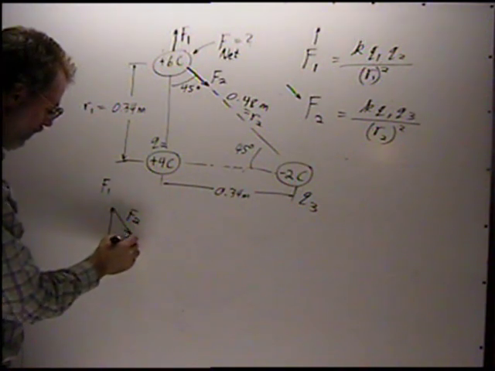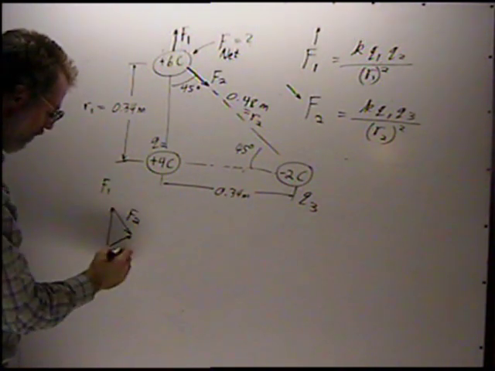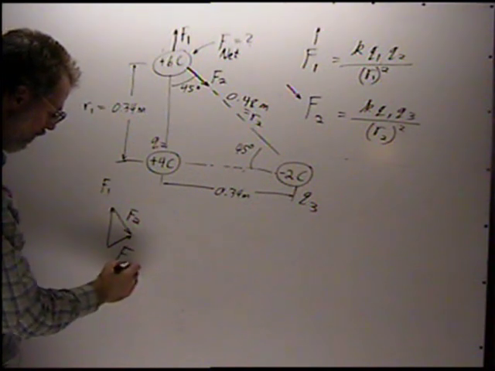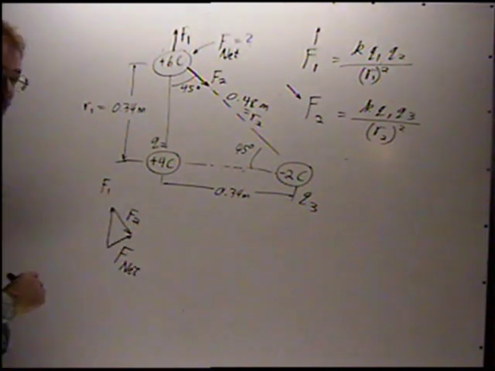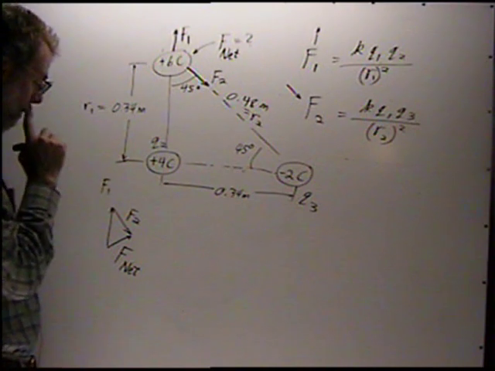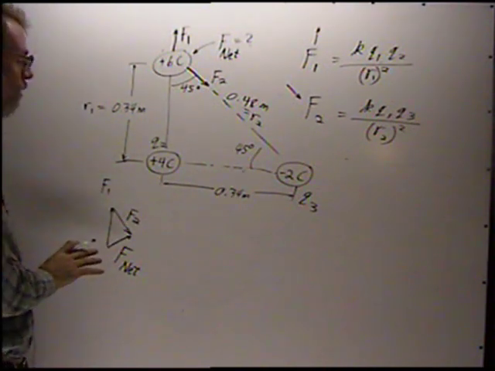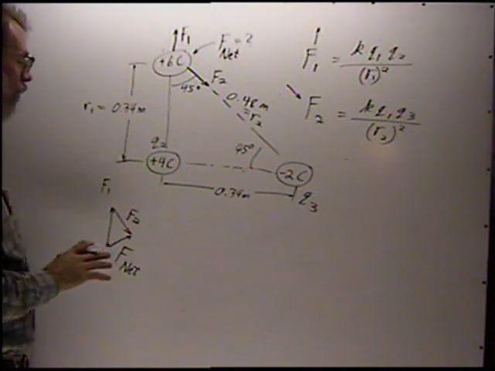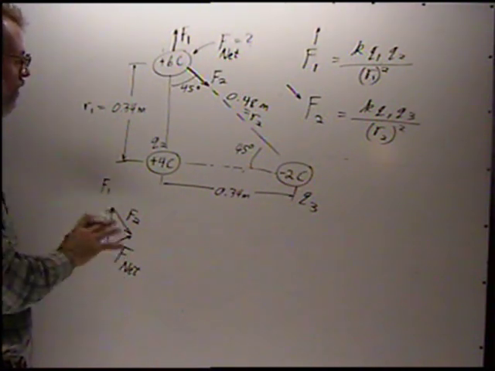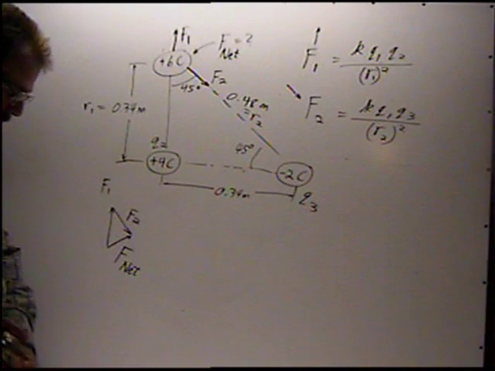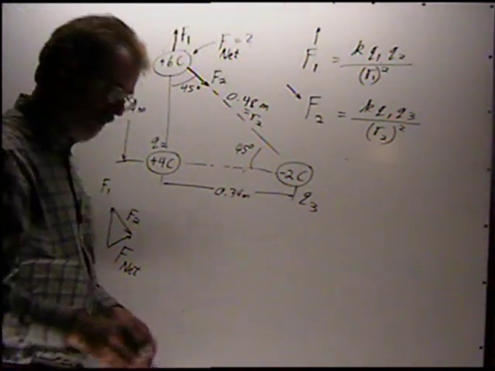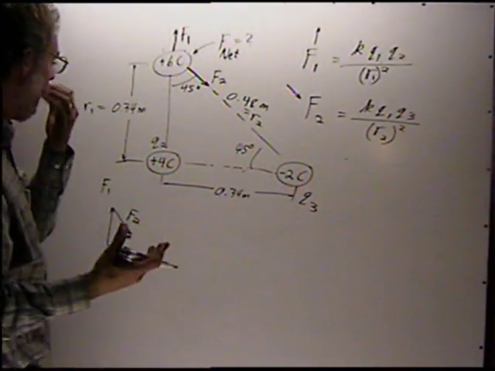The net force from a vector point of view is like this. So we can diagram it this way. Now, when they want us to solve it, I'm not going to solve it, but I'm just going to set you up as to how you would do it.